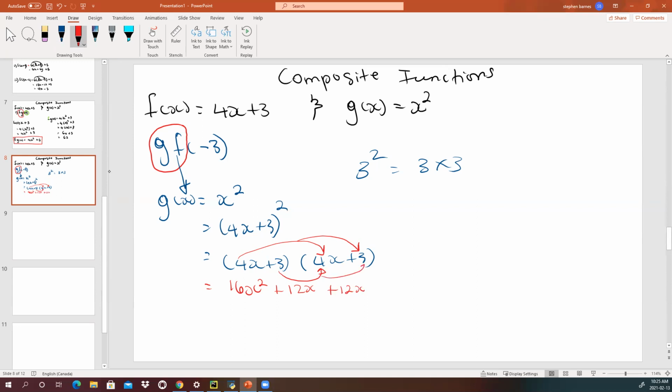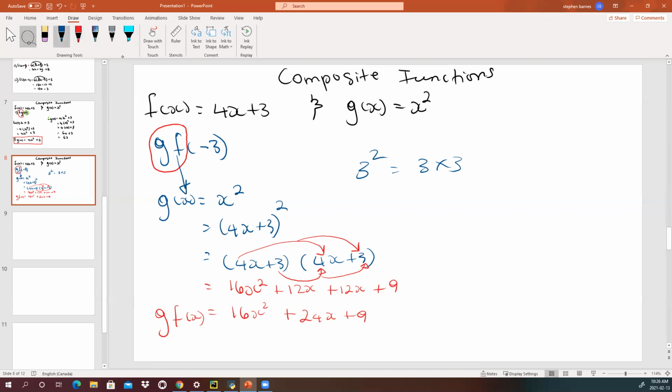And 3 times 3 gives you 9. I'm just going to simplify this now by adding the two middle terms, plus 24x plus 9. So what I have found right here is what is g of f function. Understood? Yes, ma'am. That's all I have found.